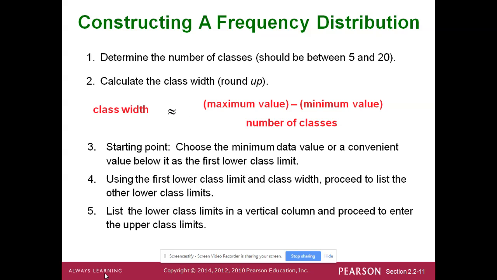Step by step on building a frequency table or frequency distribution. That's where you would start making that table: 20, 29, 30, 39, 40, 49, 50.